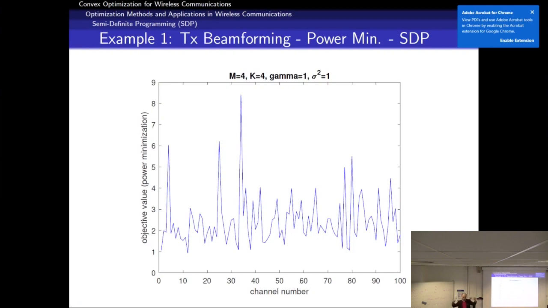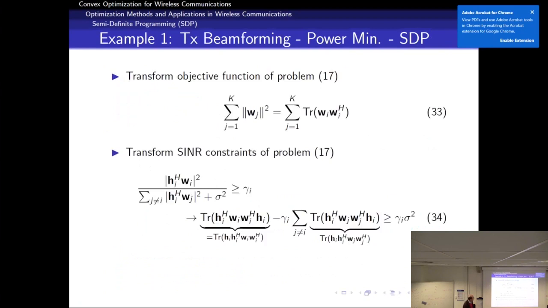If you have more antennas at the transmitter, you have a better way to manage the interference, and at the same time you can benefit from the beamforming gain or the array gain. If I do this naively in this objective, if I design my W using maximum ratio transmission, for instance, that would be maybe one solution, but maybe that solution is not good enough to satisfy this constraint.